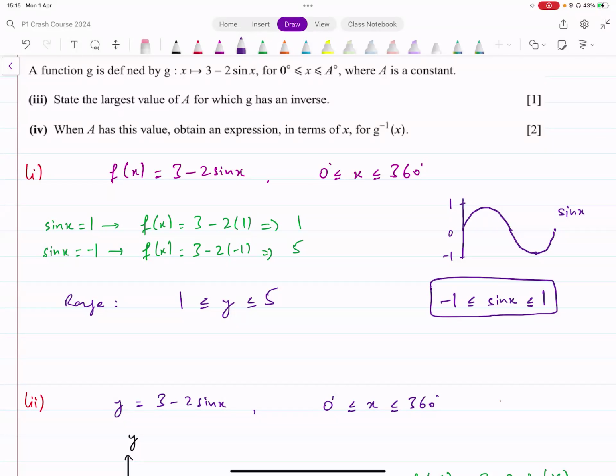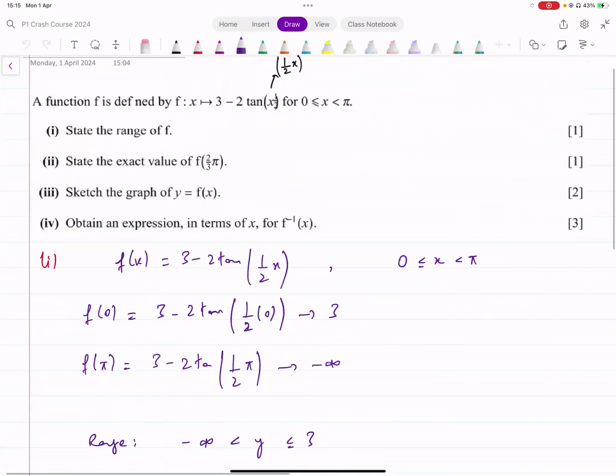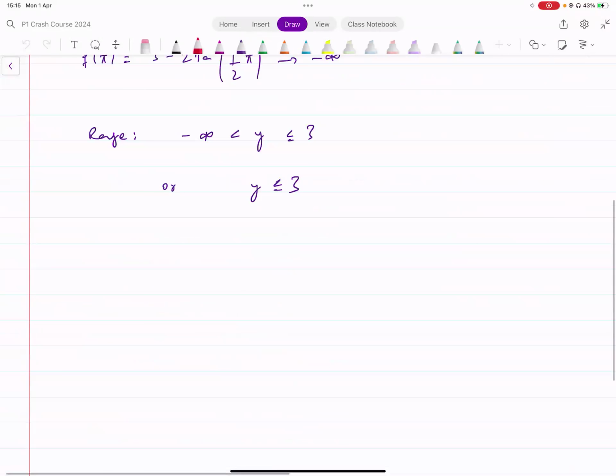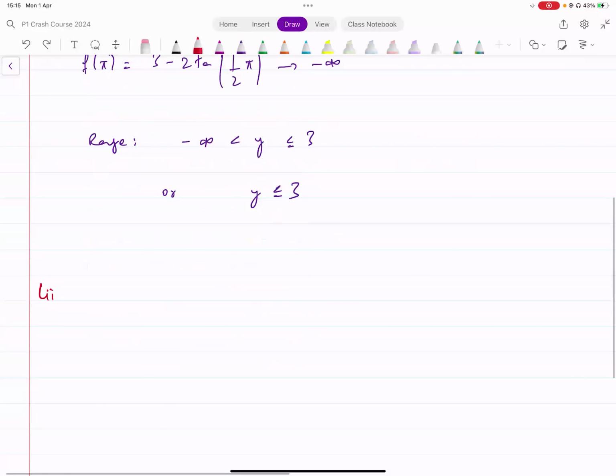So in the case of sine and cos, it's relatively straightforward. Now we'll also see what happens in the case of sine square and cos square in a few minutes. But this is what happens in sine and cos. For tan, you could use the table function in a calculator. Okay, now let's try this one.